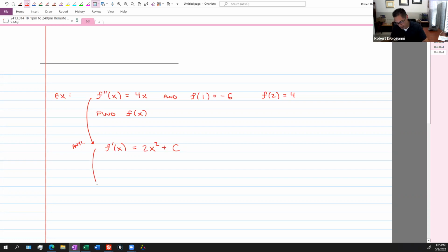But I can still do the antiderivative again. Watch. The original function, because I'm doing the antiderivative of the derivative, should be 2/3 x cubed, plus now the antiderivative of c. What's the antiderivative of c? C is a constant.